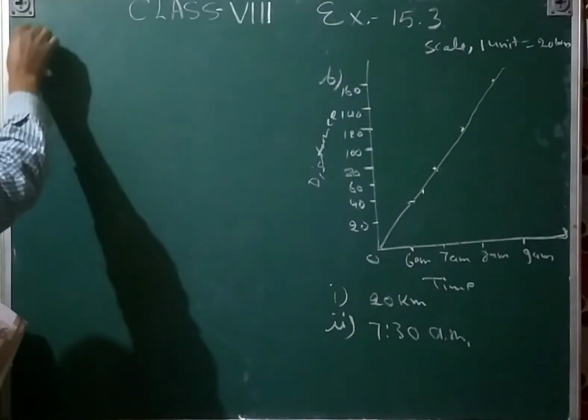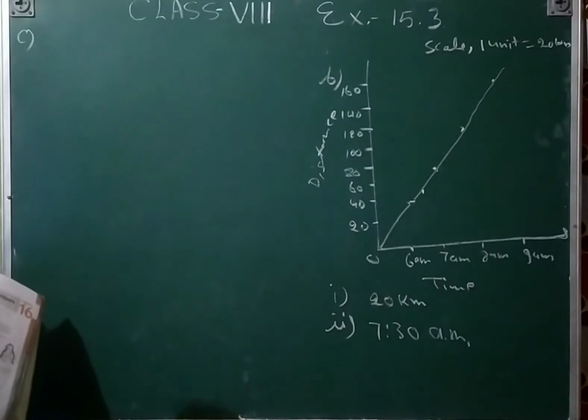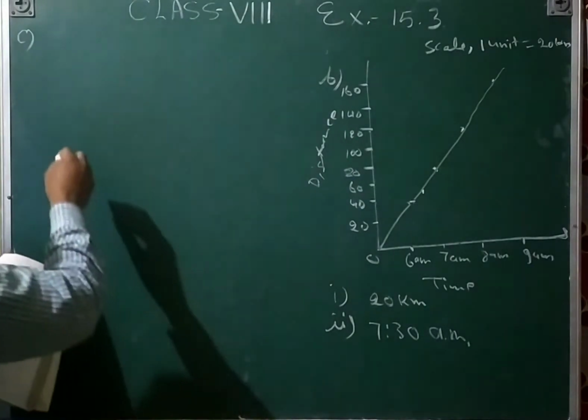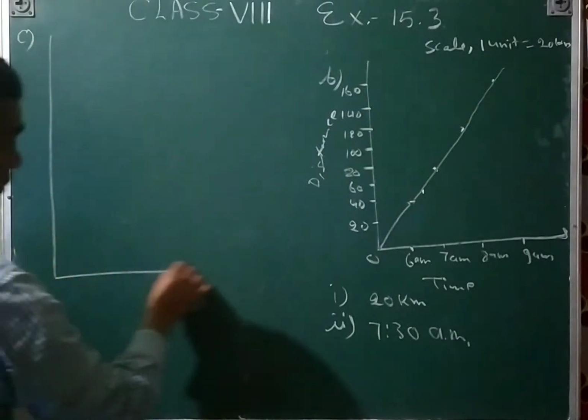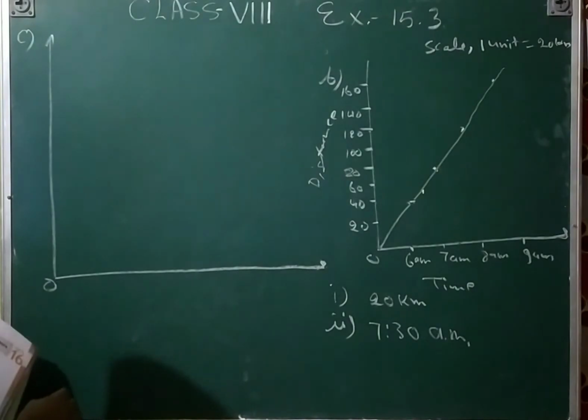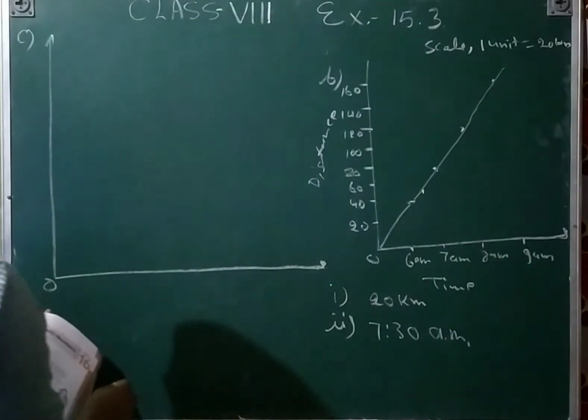C part is interest on deposit for a year. So that will be also the same. That is 0. Here we will write deposit.